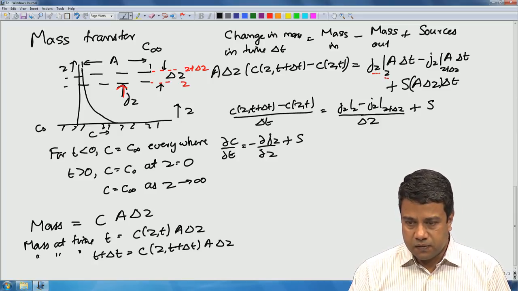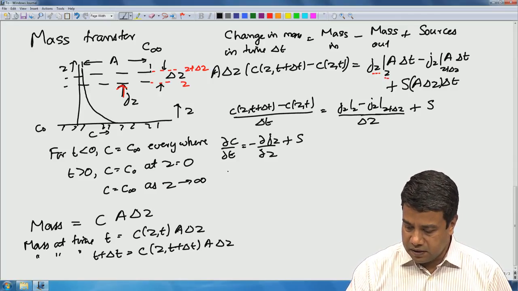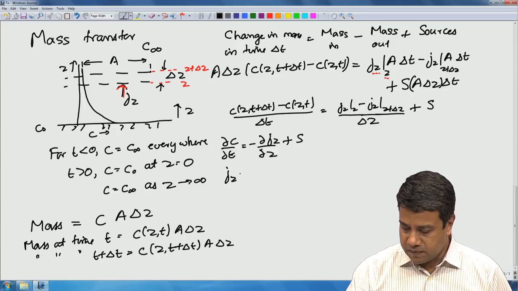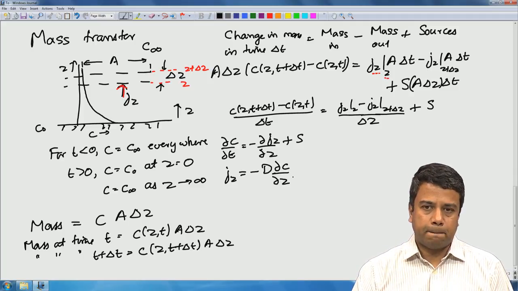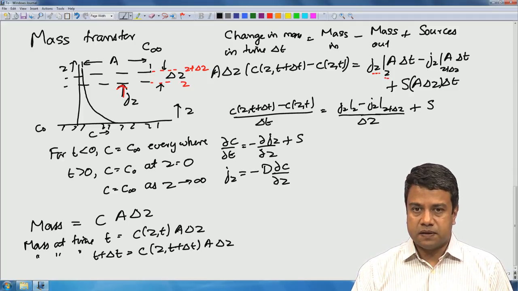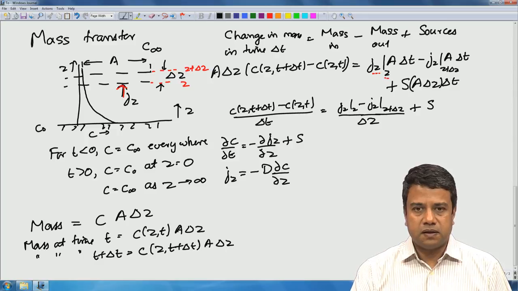Now, we have to go on to determining the constitutive relation. The constitutive relation is of the form j z is equal to minus the diffusion coefficient times dc by dz. The negative sign is because mass is transported from regions of higher concentration to regions of lower concentration, and D here is the mass diffusion coefficient.